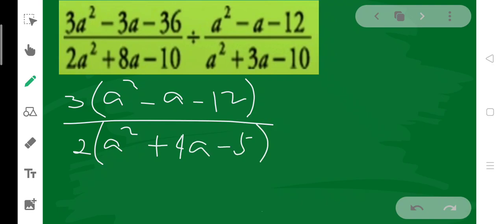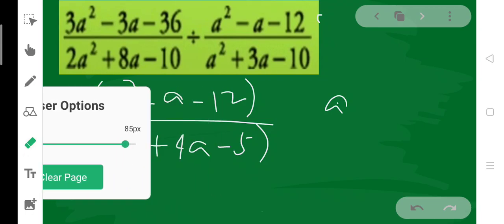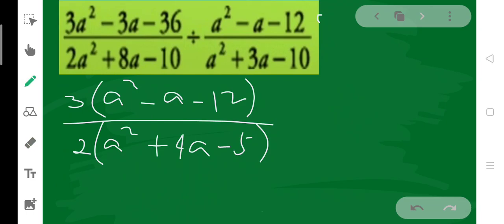Then, for the divisor, we have a squared. The factored form of a squared plus 3a minus 10 would be a plus 5 times a minus 2.